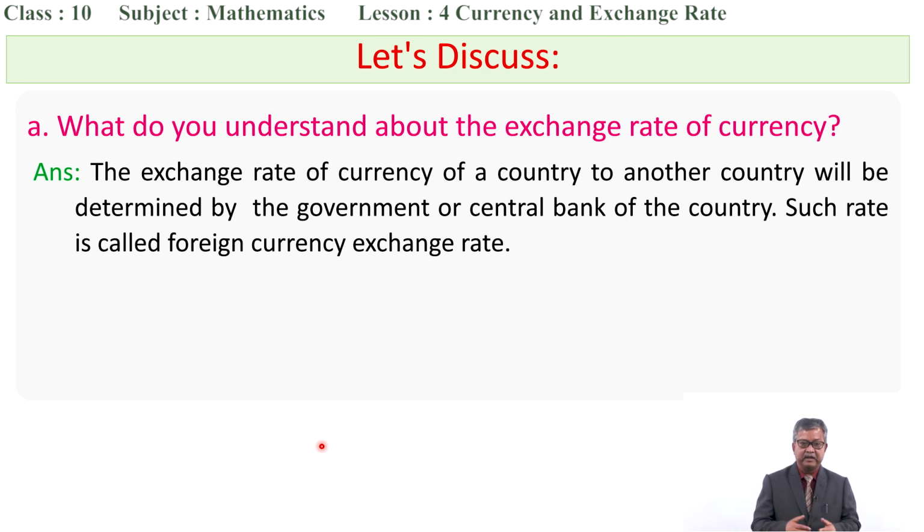Such a rate is called the foreign currency exchange rate. That means the government or central bank of the country determines the exchange rate which is used to exchange the currency of other countries. That is known as the exchange rate of the currency.